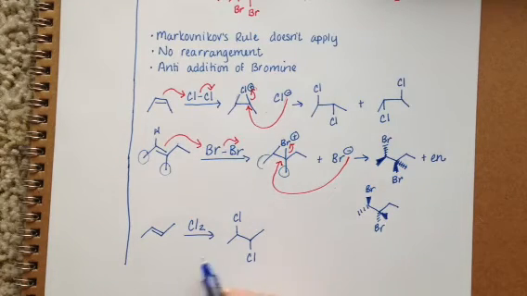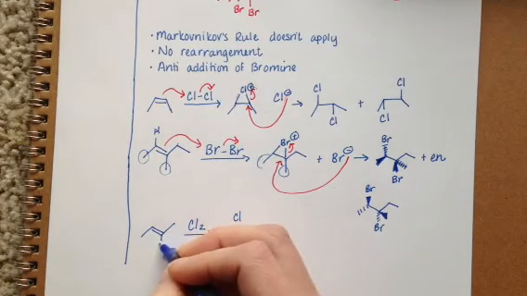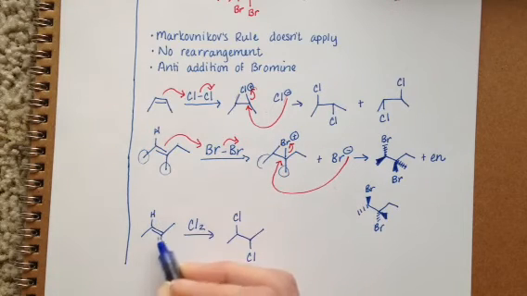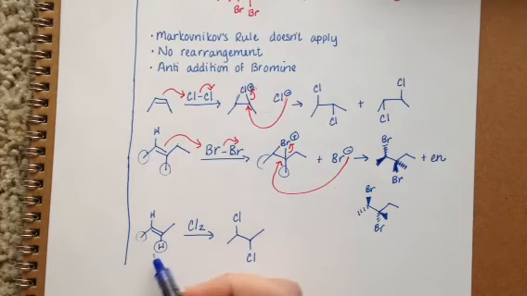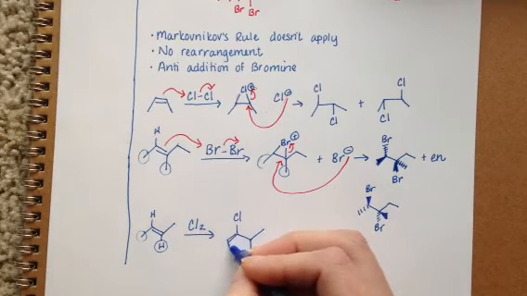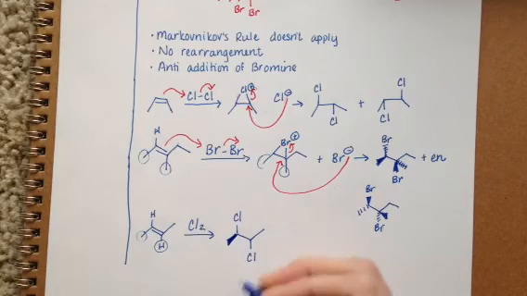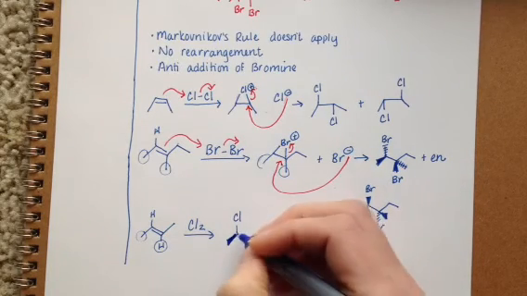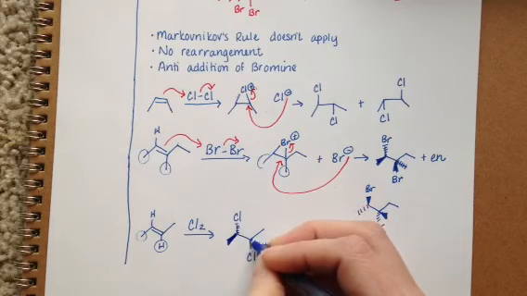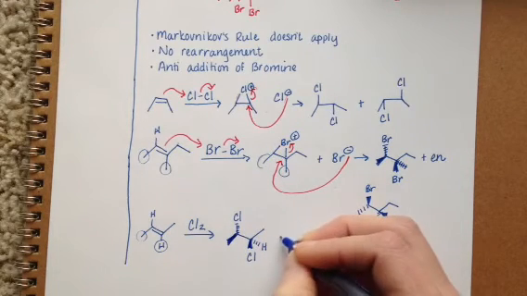To communicate the stereochemistry, we're going to pick two functional groups that are on the same side of the original alkene. Let's go with a methyl and a hydrogen, and they start out cis or syn to each other. We're going to put them anti to each other in the final product. So let's make this methyl group a wedge, and the hydrogen that's not visible, we'll make it a dash because we want them anti to each other. That lets us put the chlorines anti to each other.